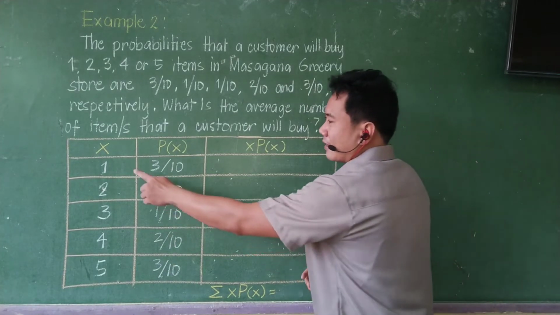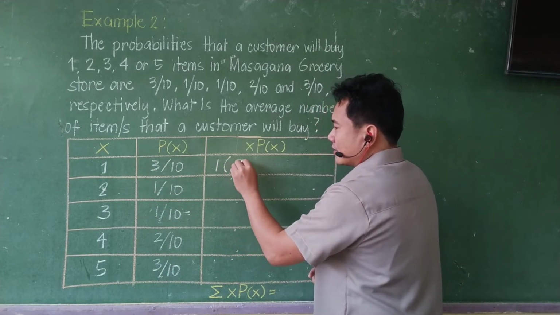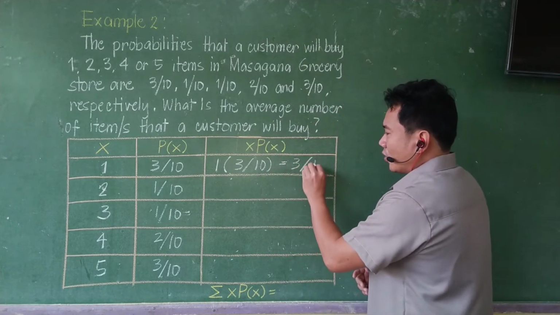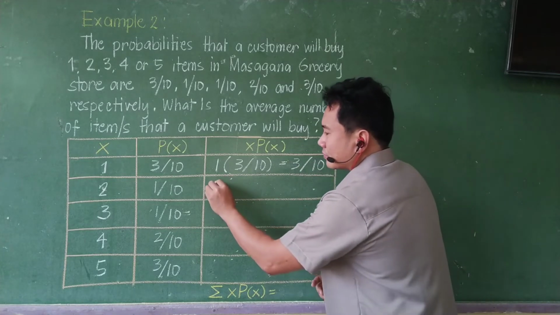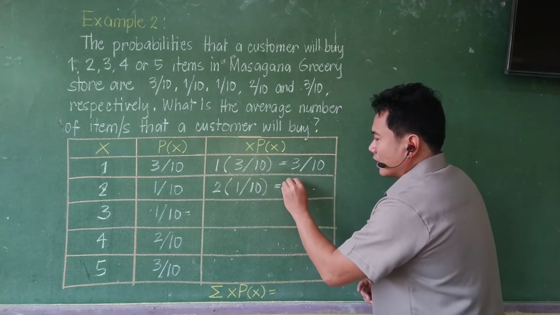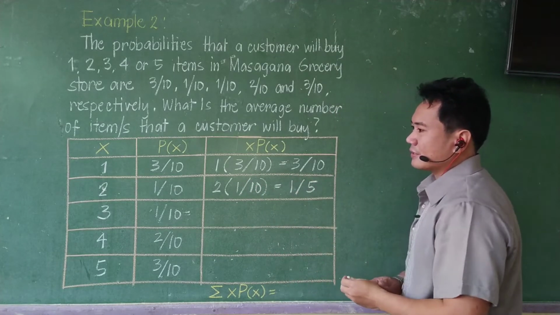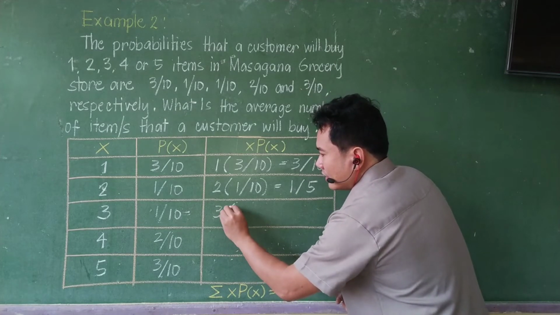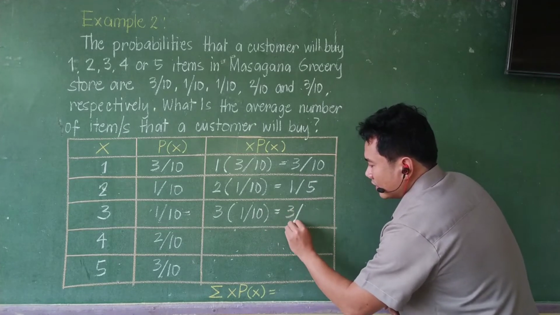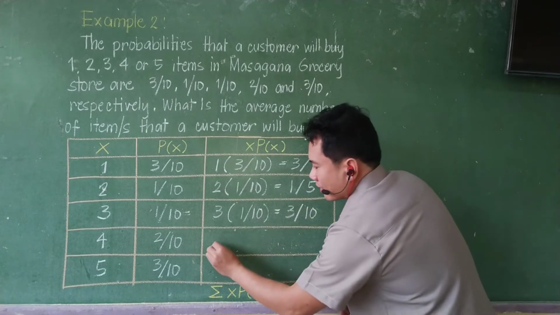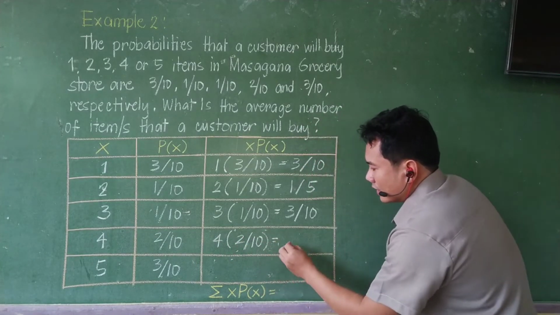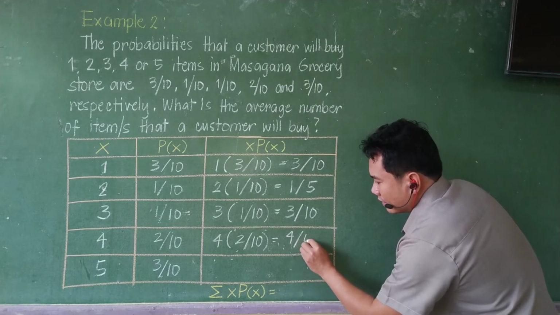Let us begin. 1 times 3 over 10 is equal to 3 over 10. 2 times 1 over 10 is equal to 1/5. 3 times 1 over 10 equals 3 over 10. 4 times 2 over 10 equals 4/5.